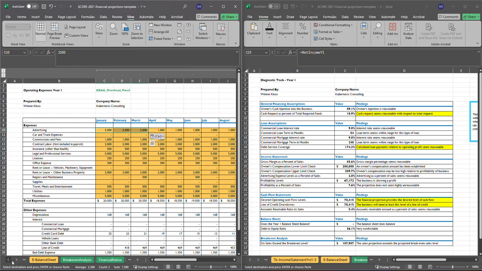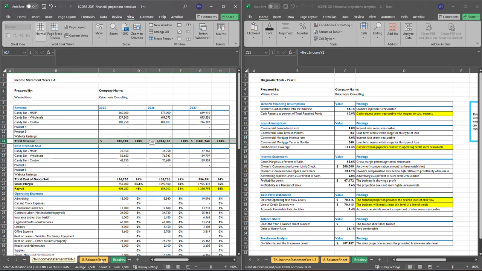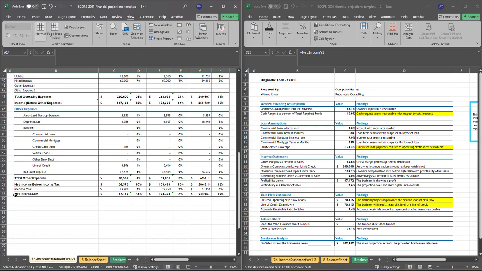And again, when projecting out your business, you do want to ideally project net income versus net losses. So yes, right now it is profitable at 67K, and then profitability as a percentage of sales. Again, this is going to be the common size net income.